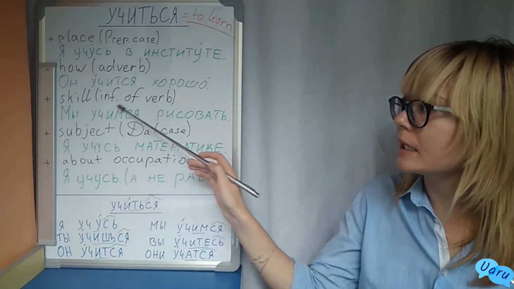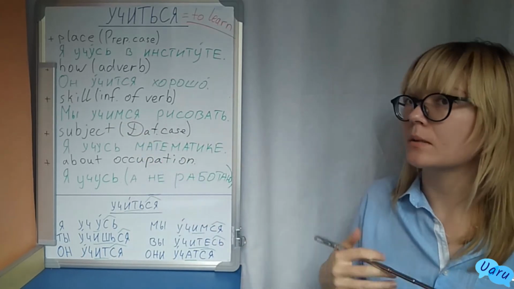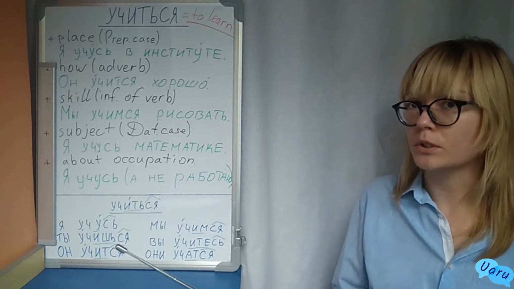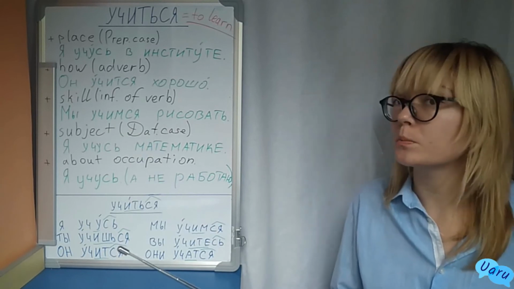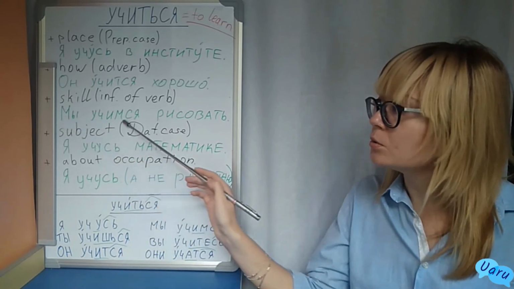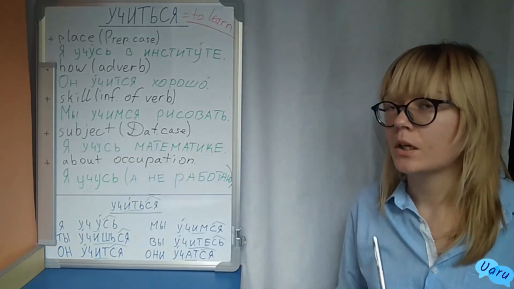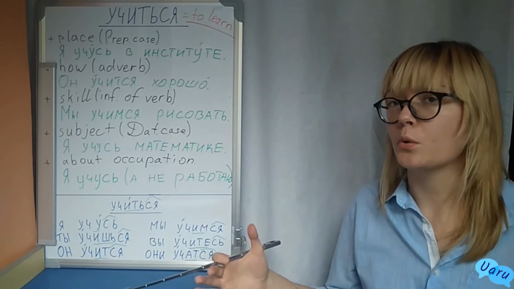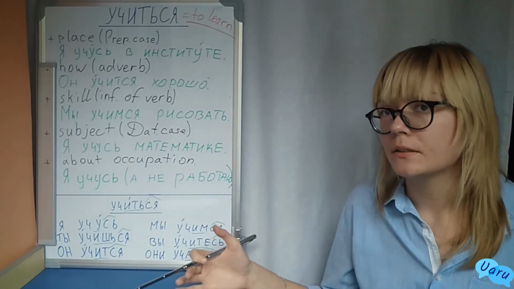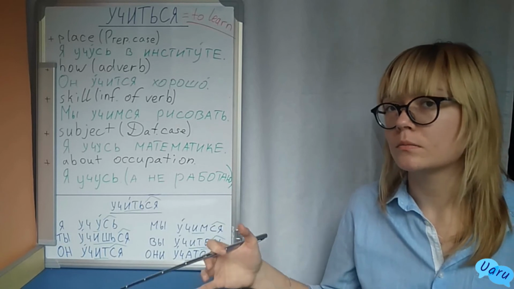If you want to say that you're learning some new skills, these skills should be in infinitive of the verb, and you also use the verb учиться. Например, мы учимся рисовать. We are learning how to draw. Дети учатся писать. Children learn to write.